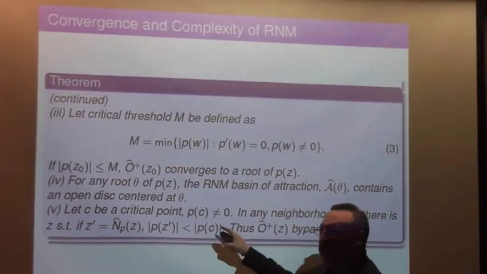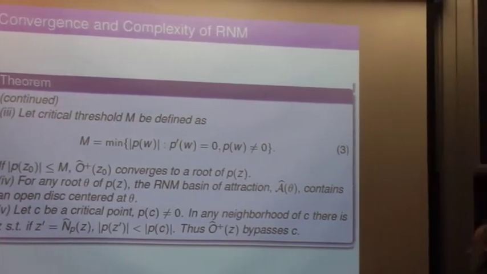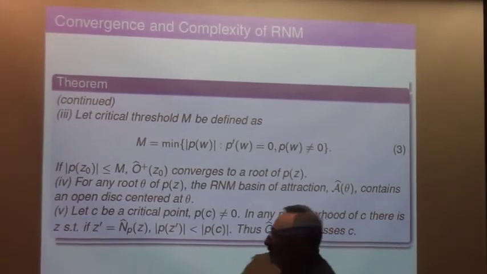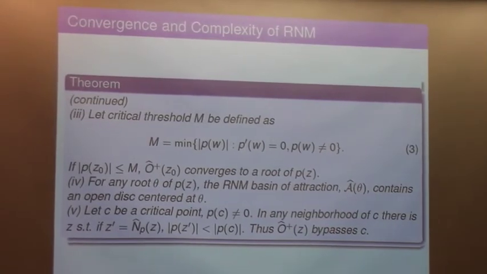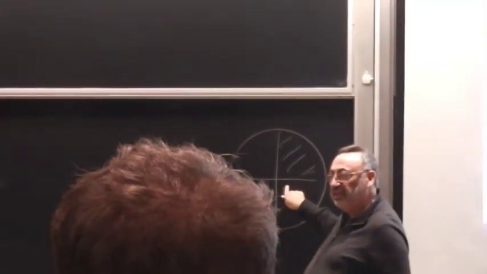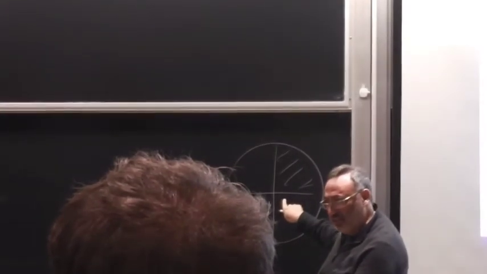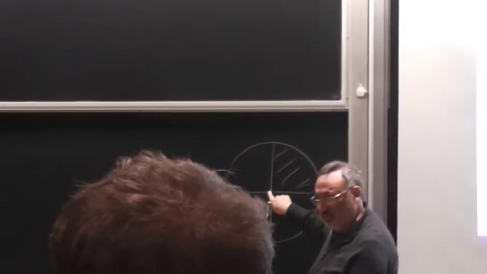And if you have a critical point, what happens? You remember here, if you have a critical point, say these are descent directions. So if you pick any point here, the next iteration is going to go below this. So you're never going to get close to this critical point.